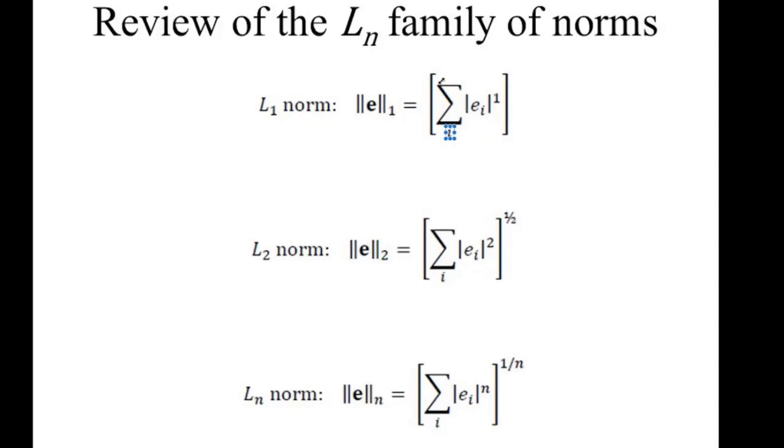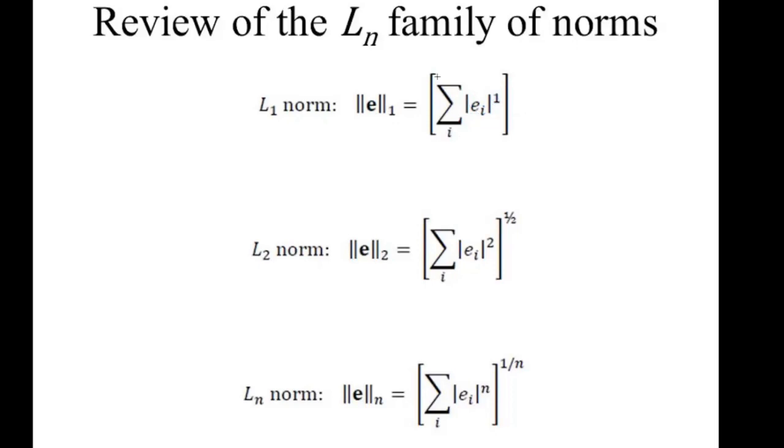What we are going to do is apply the summation operator, which means performing an addition over each and every element of the vector. In the case of the L1 norm, each element of the vector is raised to the power 1.